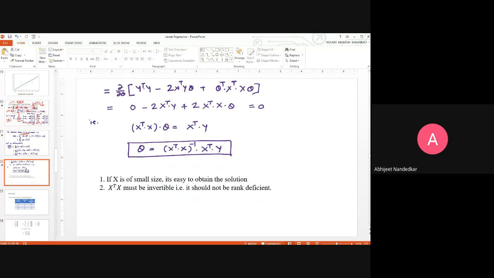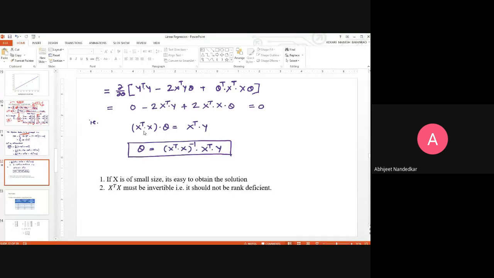Now the next step is to equate this simplified version to 0. If you equate this to 0 and further simplify for theta, you take the first term to the right hand side. So theta is equal to x transpose x inverse, because I have to multiply both sides by x transpose x inverse.